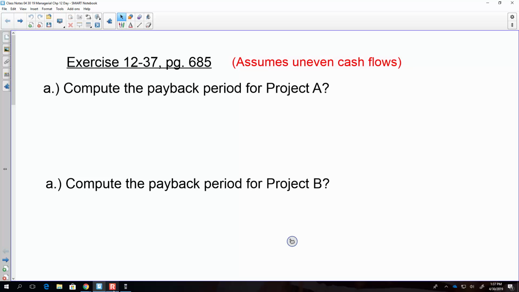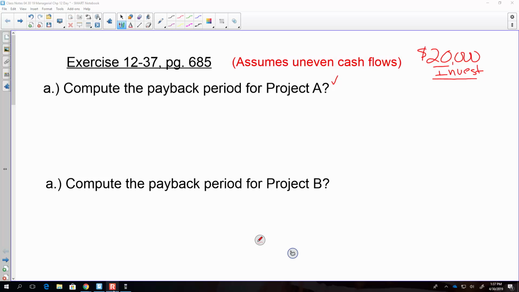So here we're looking at Cambry, who is looking at an investment of $20,000. And she has 2 choices, either take project A or project B. And our first requirement, the cash flows are uneven.